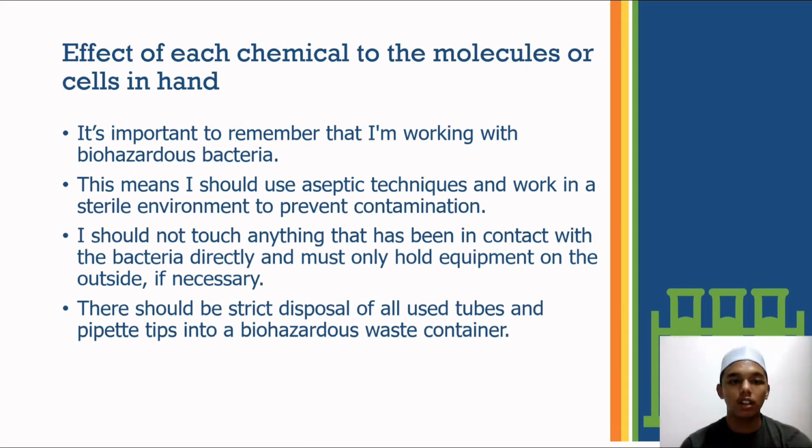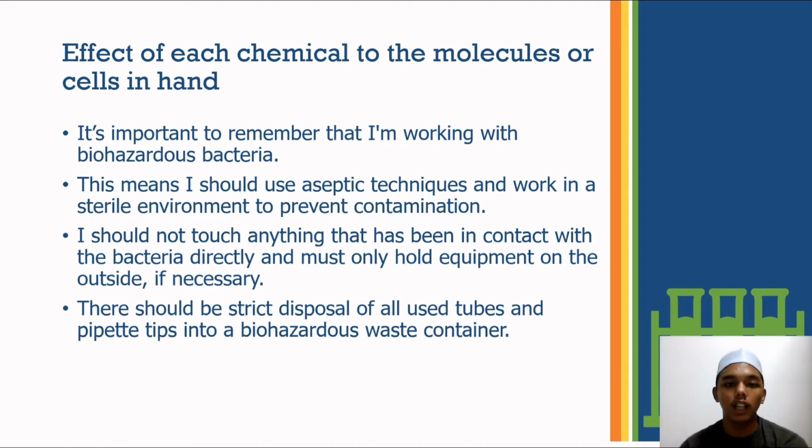So, the effect of each chemical on the molecules or cells in hand. It is important to remember that I am working with biohazardous bacteria, which is E. coli. This means I should use aseptic techniques and work in a sterile environment to prevent contamination.